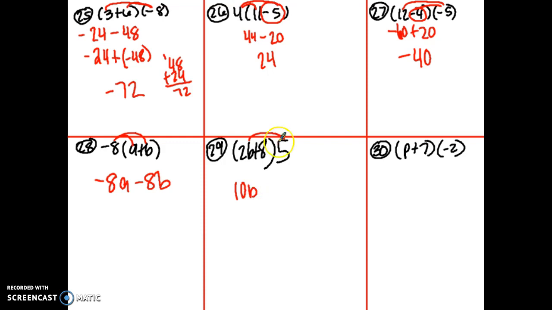And 5 times 8 is 40. 10B plus 40. Negative 2 times P is negative 2P. And negative 2 times 7 is negative 14. So our answer is negative 2P minus 14.